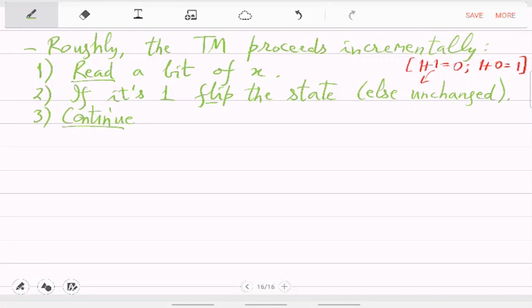So continue till the input cell becomes blank. Blank means that the input is over.